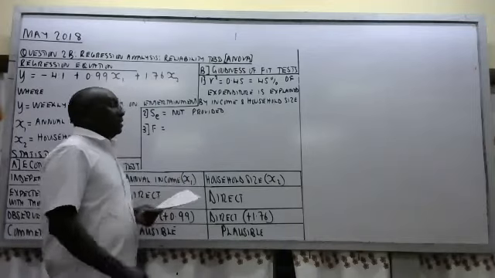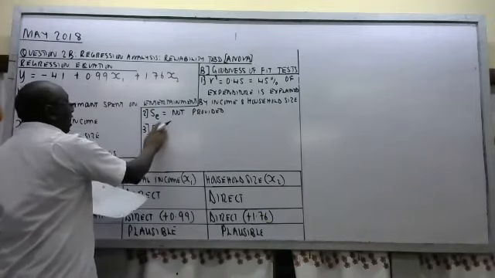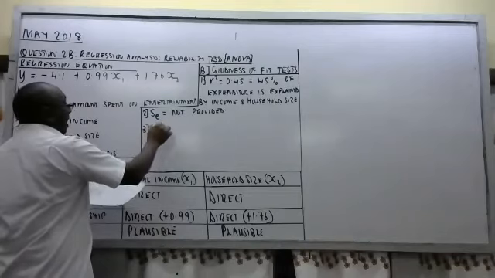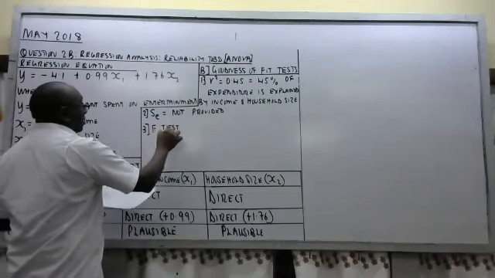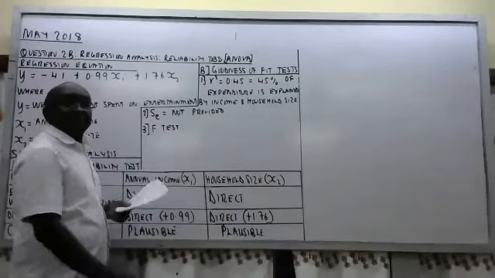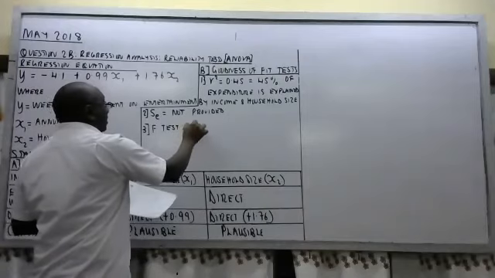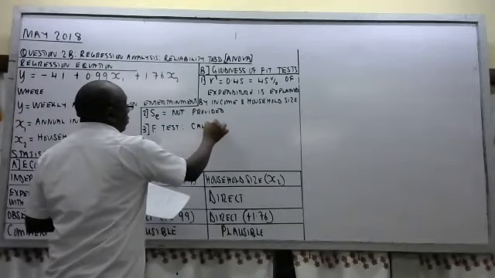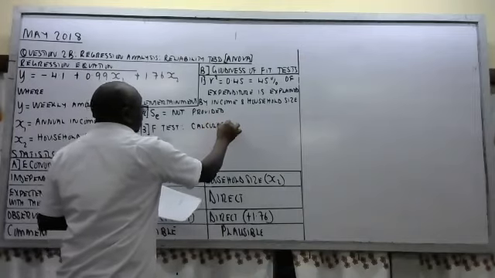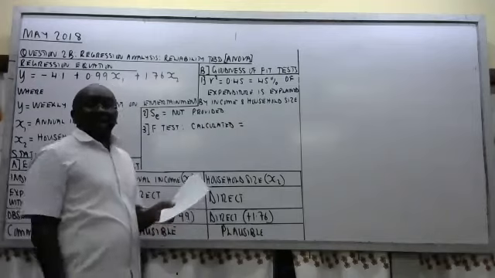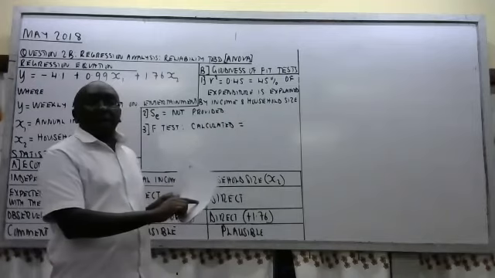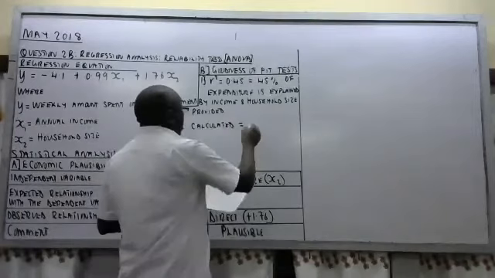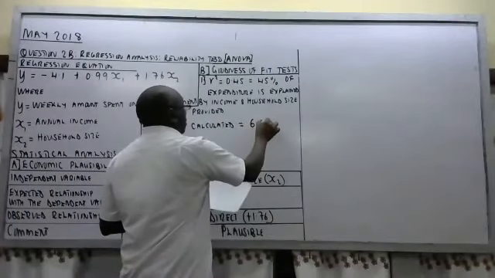So for the F tests, the calculated, in this table, where I see F written, that is 6.89.